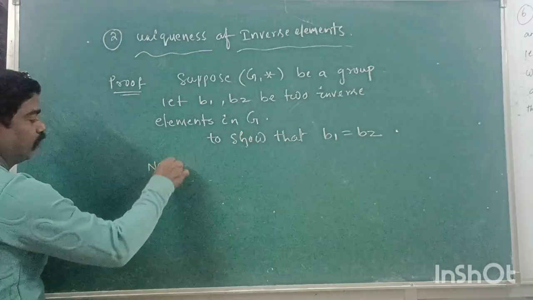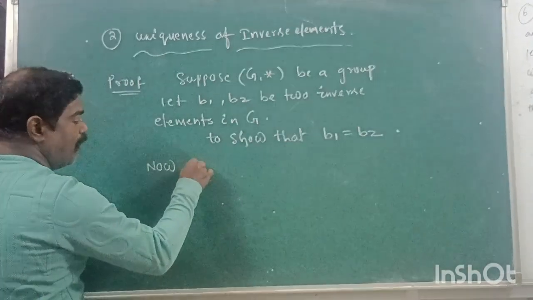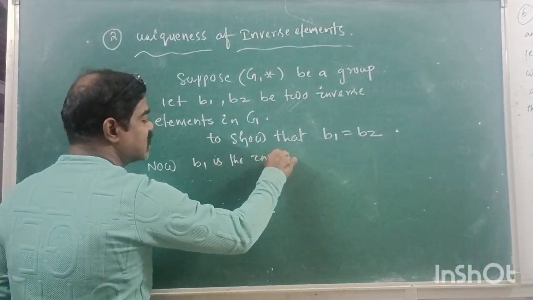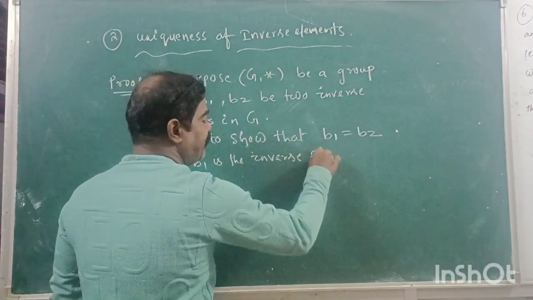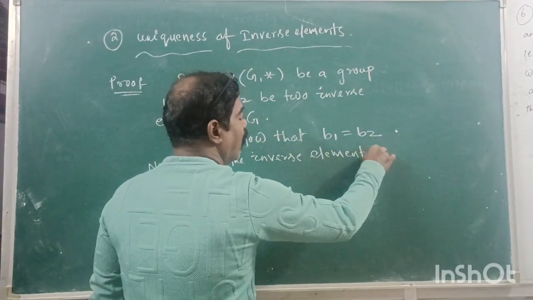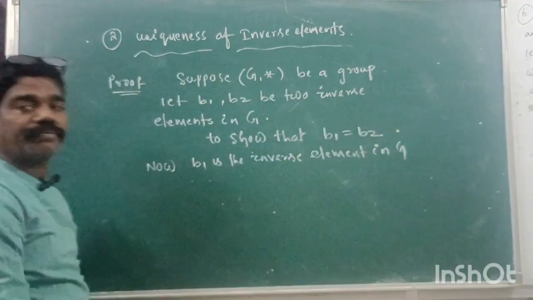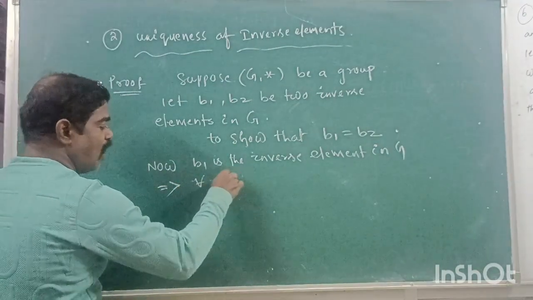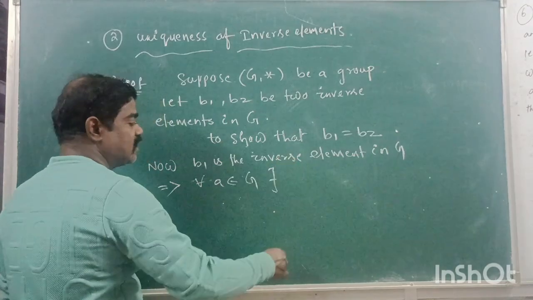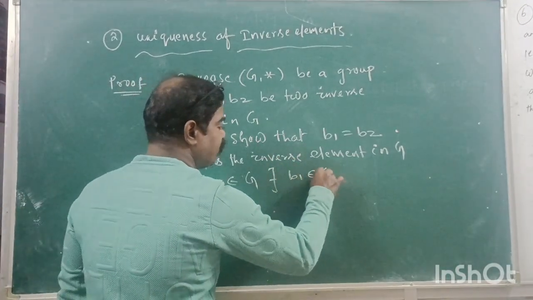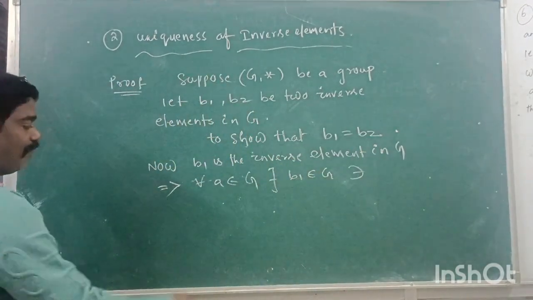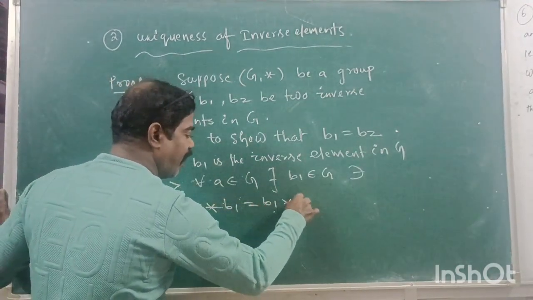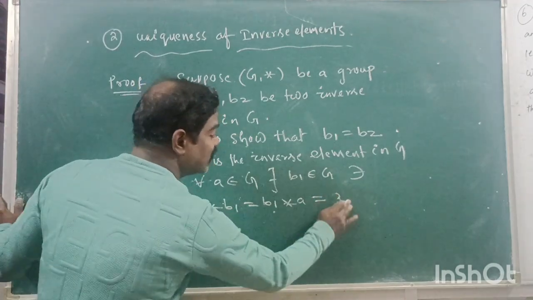Now B1 is the inverse element in G. This implies for all A belongs to G, there exists B1 belongs to G such that A star B1 is equal to B1 star A is equal to how much?